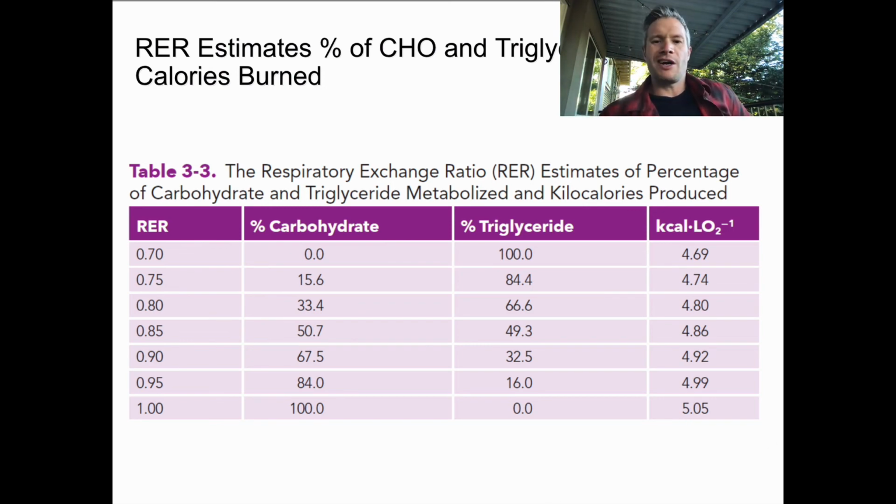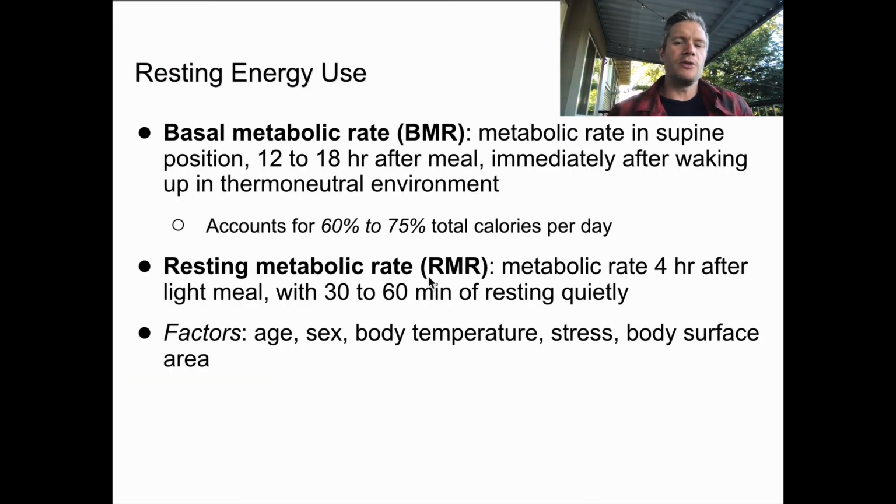But what if we're not exercising? Well, we can use these numbers to figure out things like our basal metabolic rate and resting metabolic rate. What are they? What are the differences? Well, basal metabolic rate is our metabolic activity when we're lying on our back, so lying supine, in a fasting state, 12 to 18 hours after a meal.